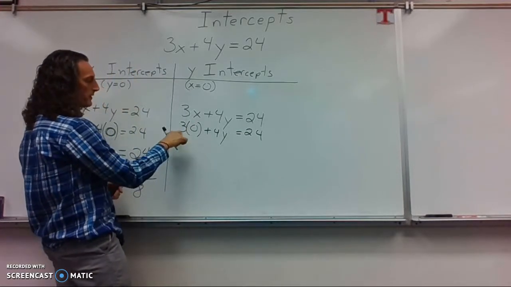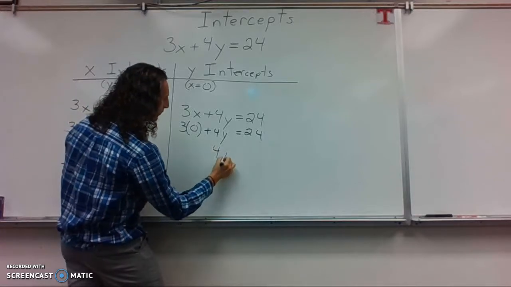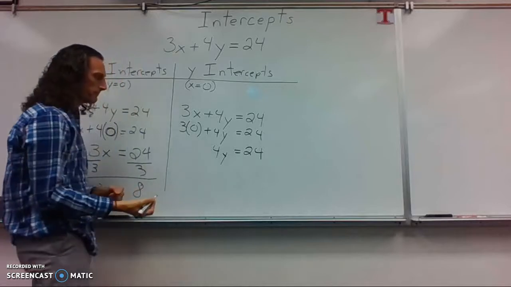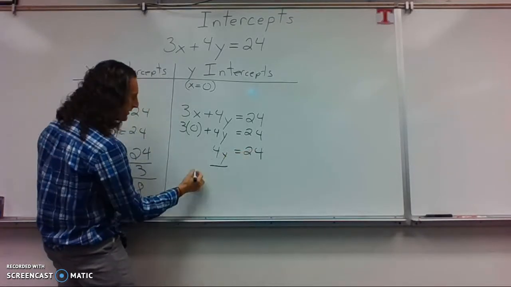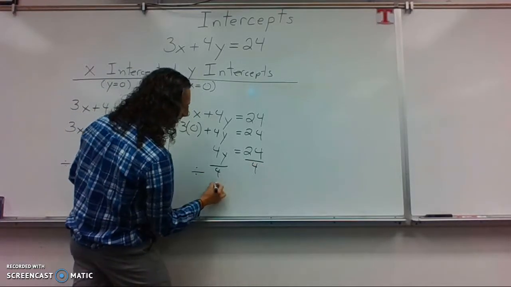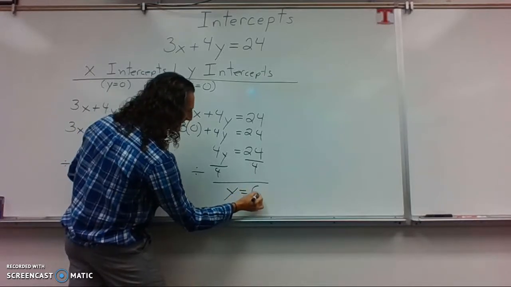Now again, 3 times 0 is gone. So all I have left is 4y equals 24. Now, again, one-step equation, divide by 4, divide by 4, this y equals 6.